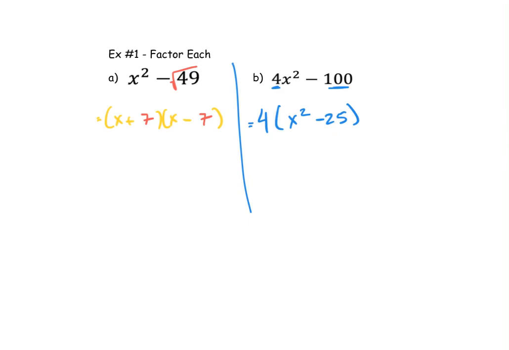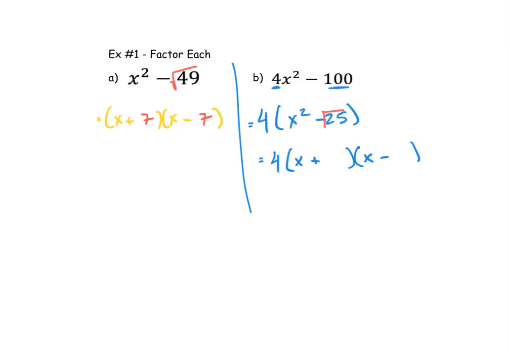So what didn't quite look like a difference of squares before looks a little bit more like what we saw in example A. I can leave the 4 out here and I can factor the part that I had in brackets still. I'll have x plus something, x minus something. And again, to figure out what that is, I just take the square root of the second term.